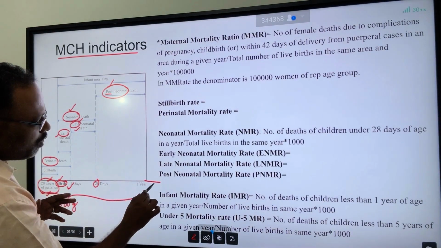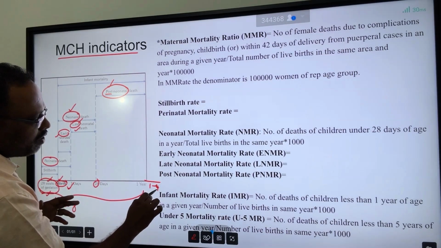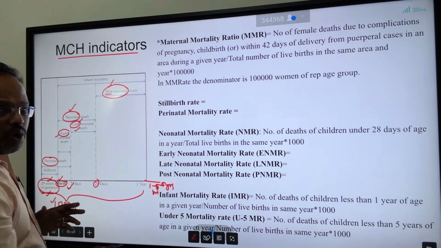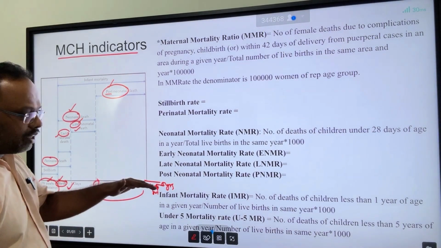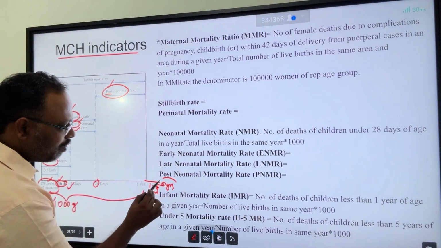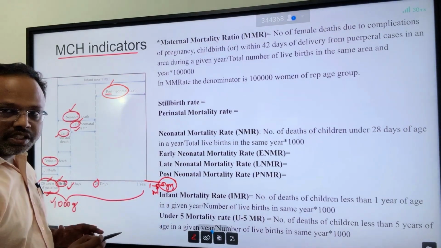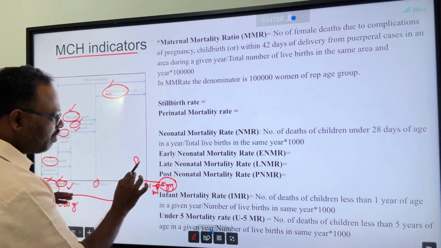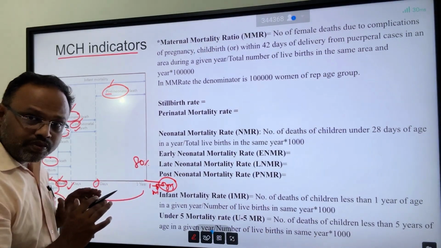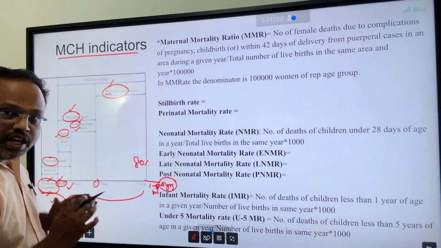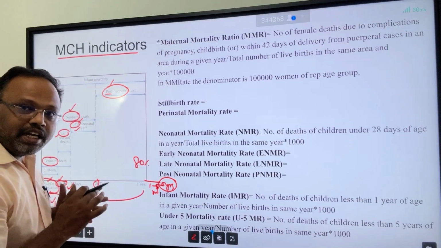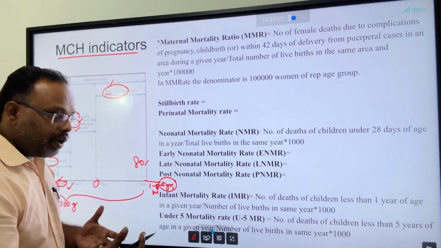Then again we have 1 to 5 years of age, and 5 years of age also people consider. Why this timeline is very important is that, out of all under-5 deaths which happen in children, 80% of the deaths occur within 1 year of age. That is, infant mortality comprises 80% of under-5 mortality.